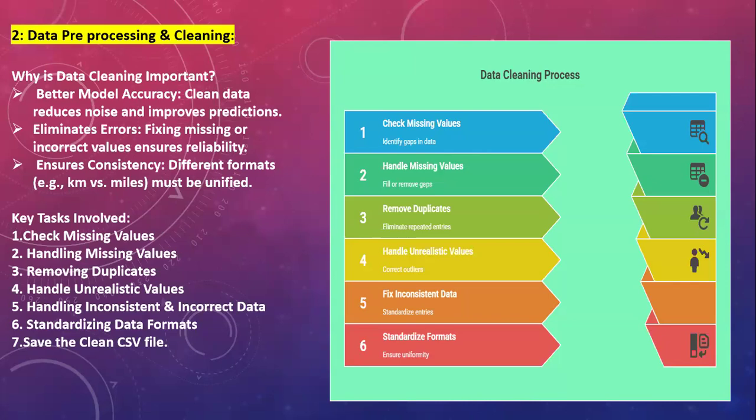Then it handles the inconsistent and incorrect data also, if found. Then it standardizes the data format, and finally it saves the clean CSV file once all these tasks are completed one by one. So this is about the data pre-processing and cleaning technique, and it will save the file as an updated CSV file.